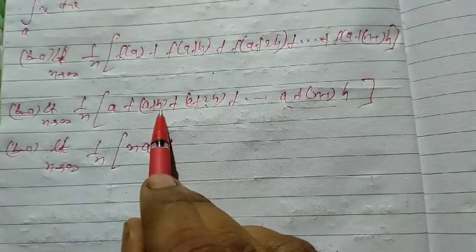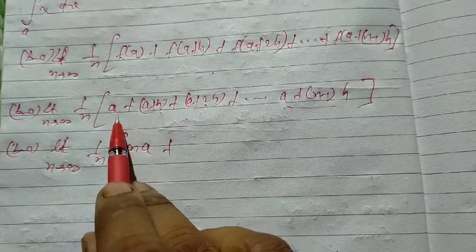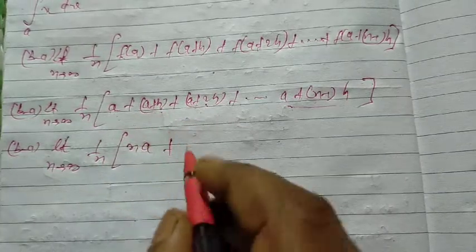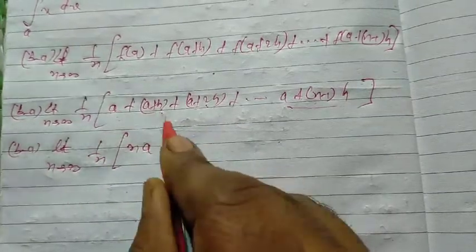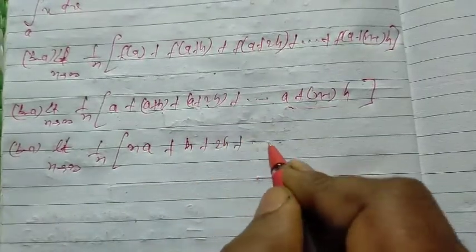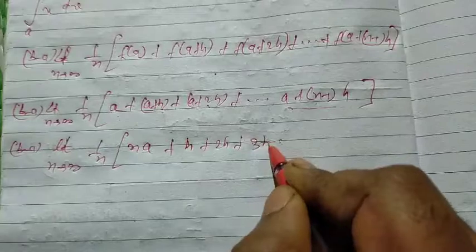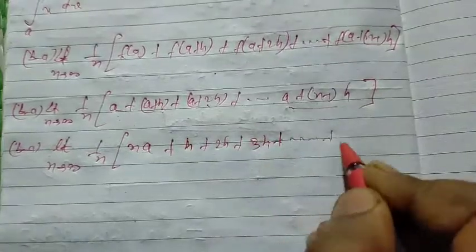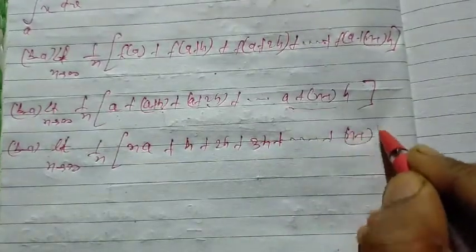Now see h starts from the second term, not from the first term, so h we take common: here is h plus here is 2h plus, like that there will be 3h also, up to n minus 1 into h.